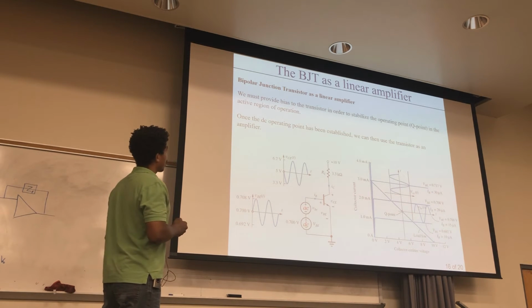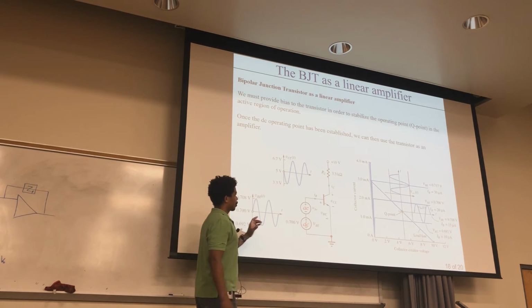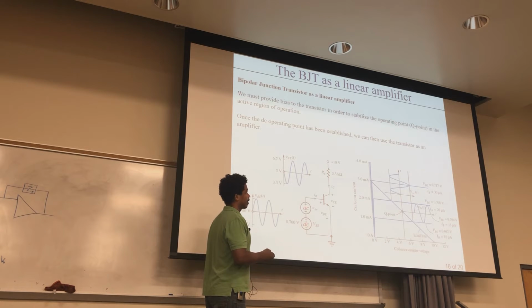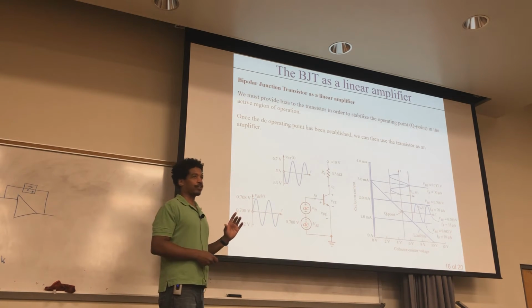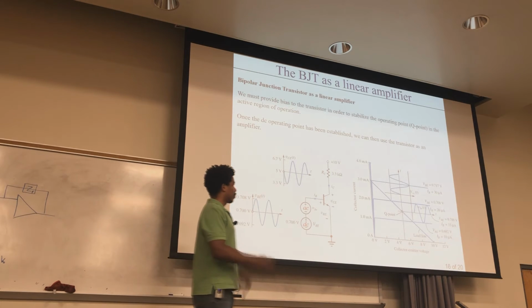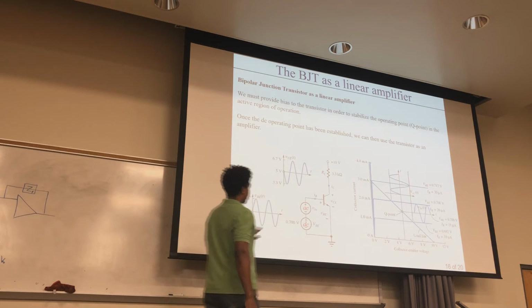Once the DC operating point has been established, then you can use the transistor as an amplifier. But of course, you have to make sure that your signal, and that's why they're calling it small signal, that the amplitude isn't too large. So there's a range that you have to deal with.